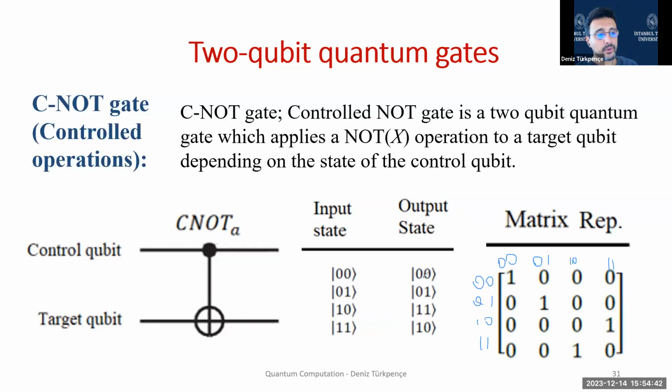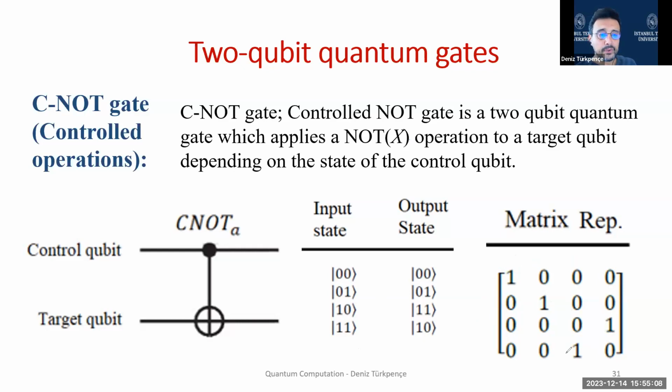It maps 0, 0 to 0, 0, so I have 1. It maps 0, 1 to 0, 1. It maps 1, 0 to 1, 1, so therefore I have 1 here. And it maps 1, 1 to 1, 0, so I have another 1. This is the reason why I have such a matrix representation.